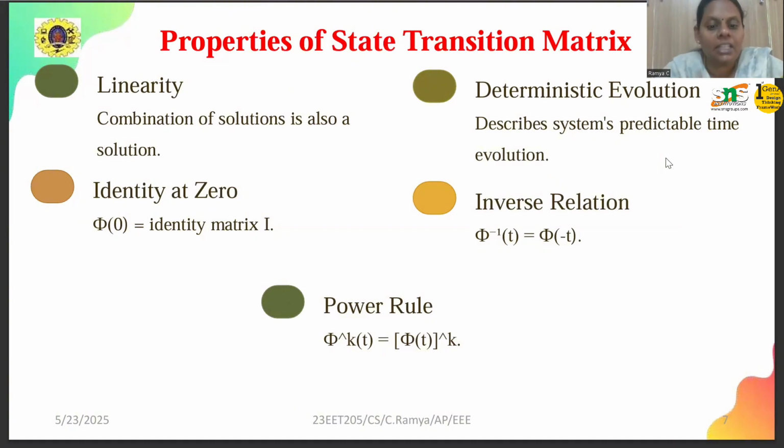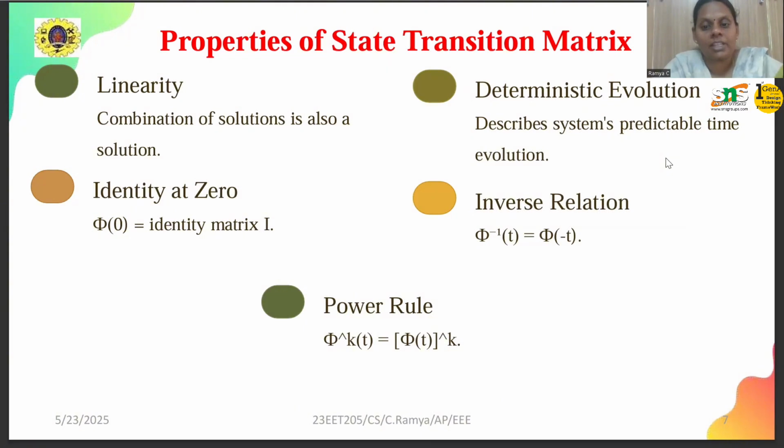Next one is the inverse property. The inverse of phi of t, which we name phi of minus t, reflects the time reversal. Next is the initial identity, that is phi of 0 is equal to I, which is the identity matrix, since at time 0 the system is unchanged.